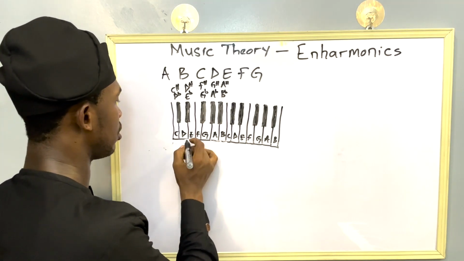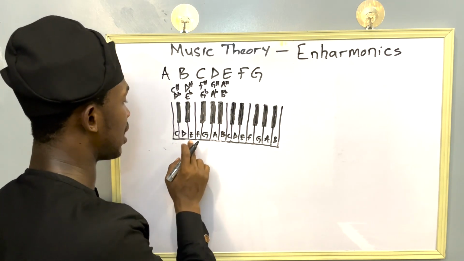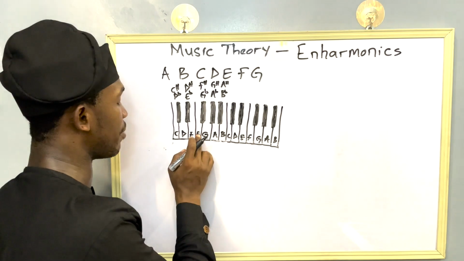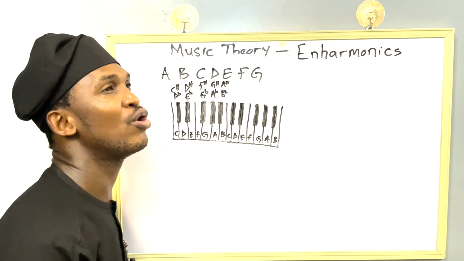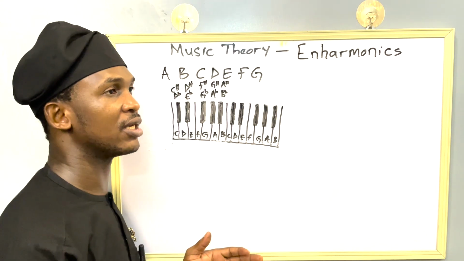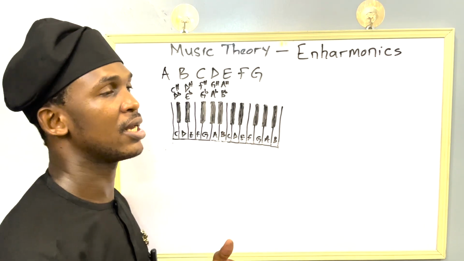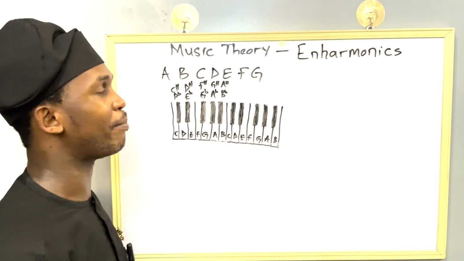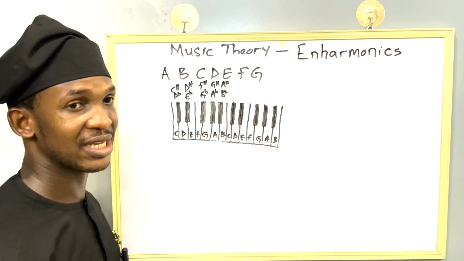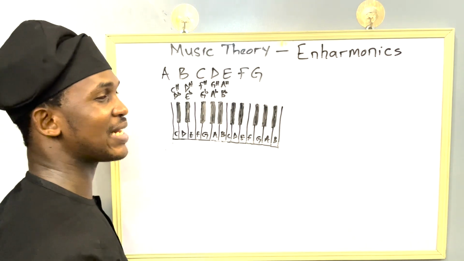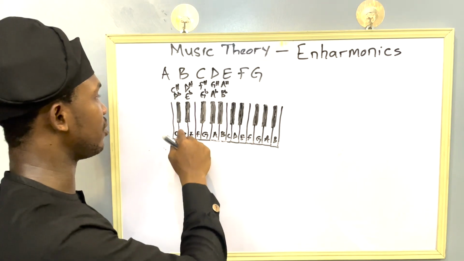F can be called E sharp, and E can be called F flat. If you know the movement, that flat lowers and sharp raises, you'll be able to apply these enharmonics to notes and find another extra name for each of these pitches.